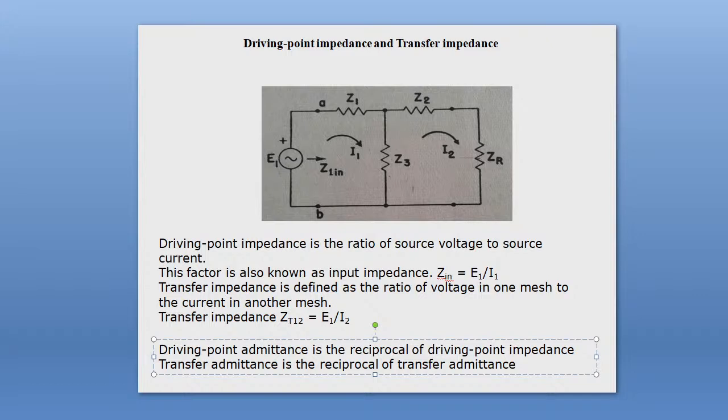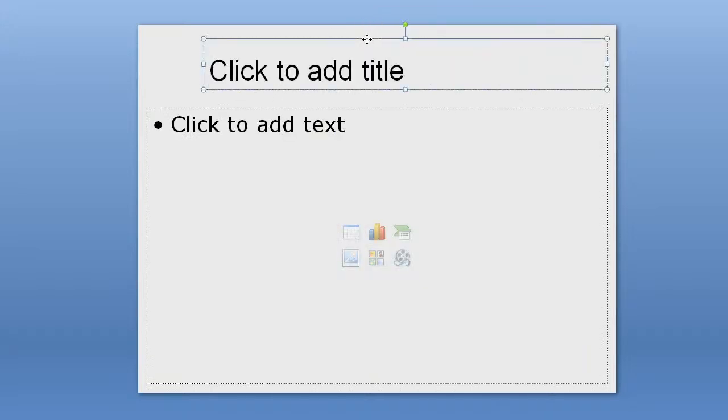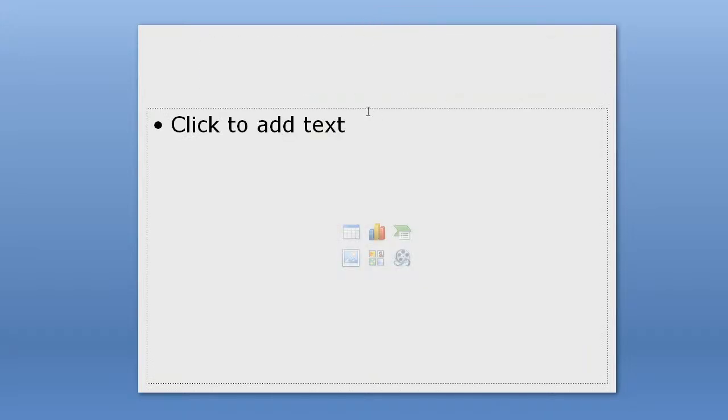Now everyone try to derive the expression of driving point impedance as well as transfer impedance for the given circuit. If you are able to derive the transfer impedance and driving point impedance, then you can easily derive the expression of driving point admittance or transfer admittance.